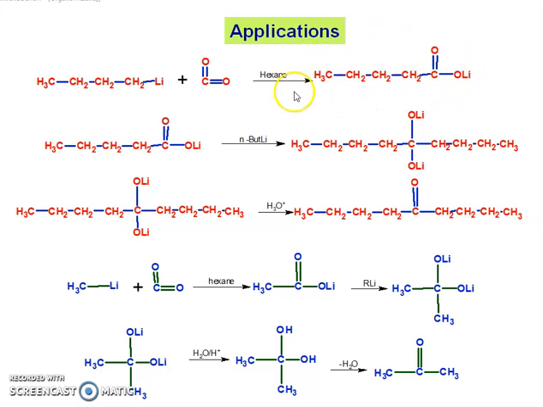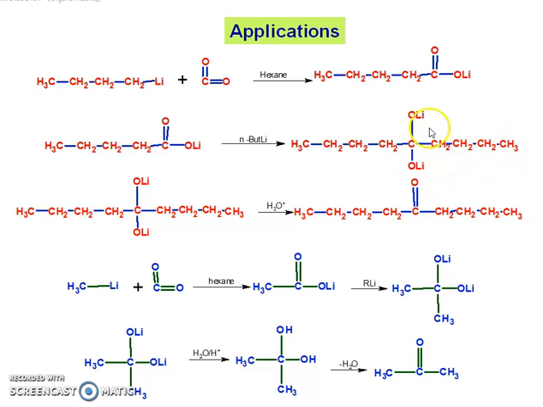This intermediate is treated with another molecule of N-butyl lithium. Then this butyl acts as a nucleophile and attacks the second carbonyl carbon, and a new intermediate is formed.